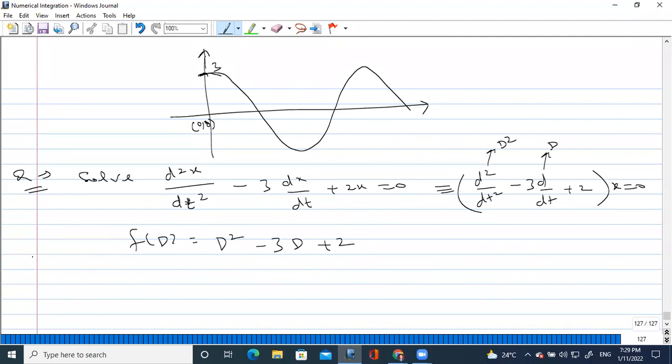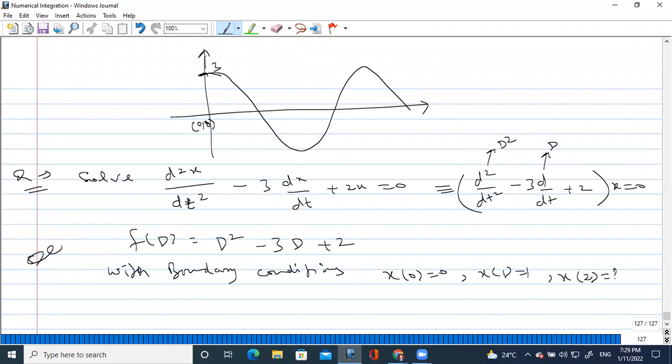Okay, so boundary conditions are also given. Then they are asking what is the value of x(2), that is, at t equal to 2, what is the value of x?